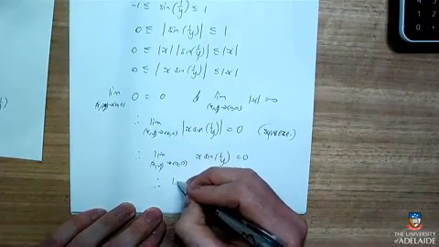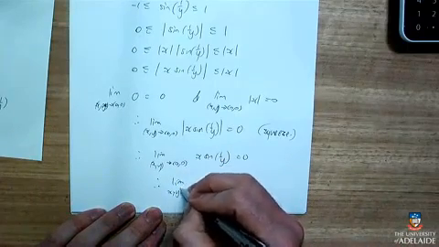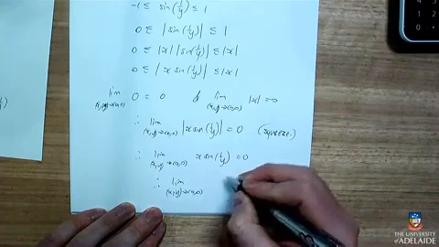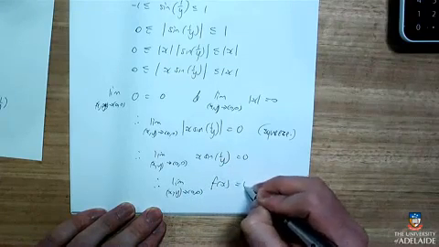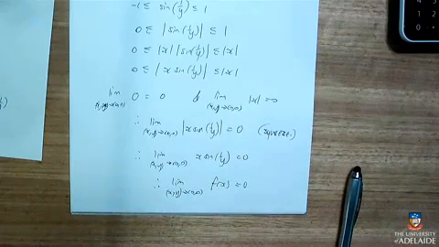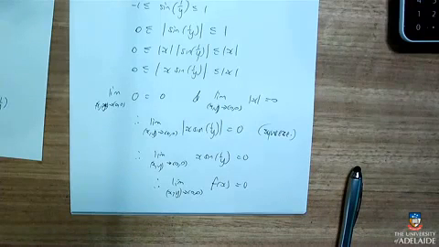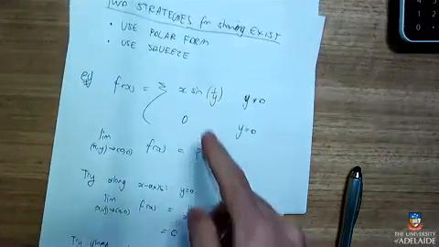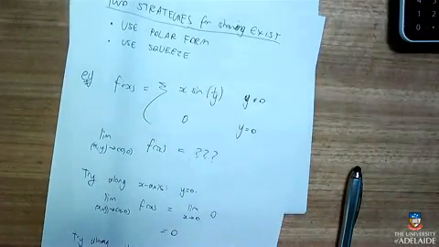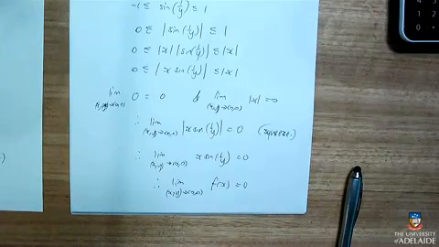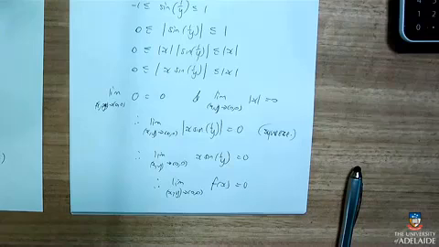So therefore the limit as (x, y) goes to (0, 0) of f(x) is indeed 0. So the idea being that if your function is always between two things and those two things go to 0, then your function has to go to 0, which works perfectly well in multivariable. So that's my first example. Yep.